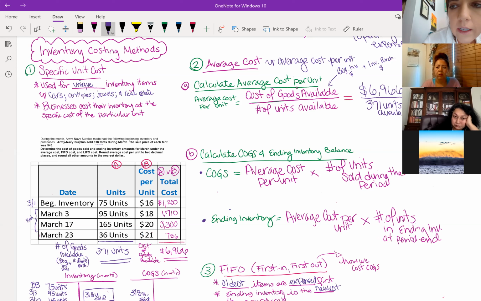And we're going to calculate it to a penny, so you will have some rounding here. If the number after the second number is 5 or higher, you're going to round that last number up. So per unit, you should have calculated $18.78 as the average cost.